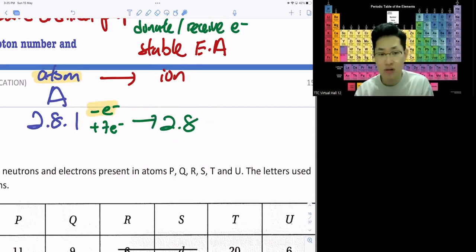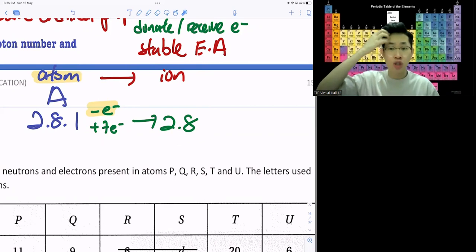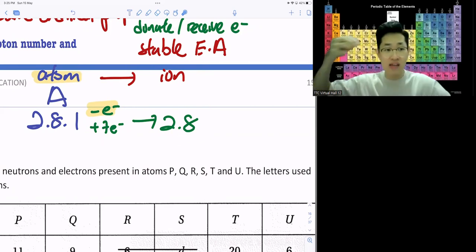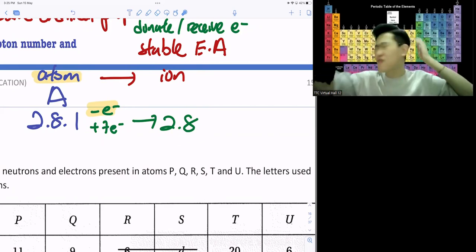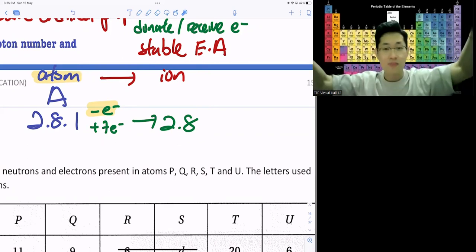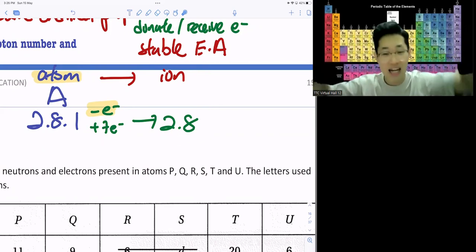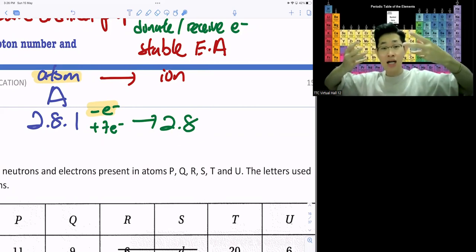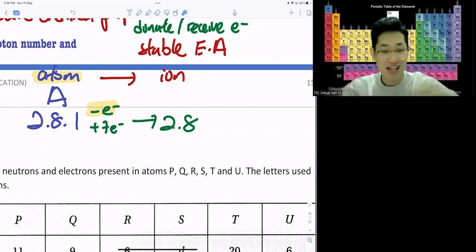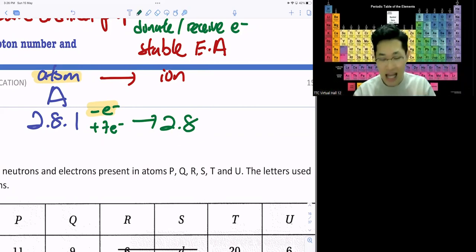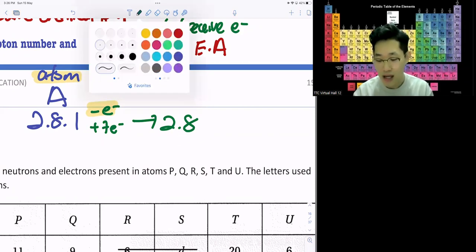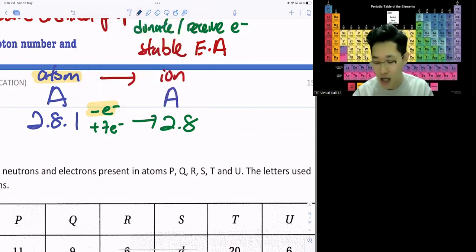But when I do this, imagine I throw away the negative charge. If a person gives away all your negative thoughts, you throw away all your negativity, you will become a very positive person, right? So same thing. When this A throws away, donates 1 electron away, it becomes a positive 1 charge. So this is where the charge comes from.